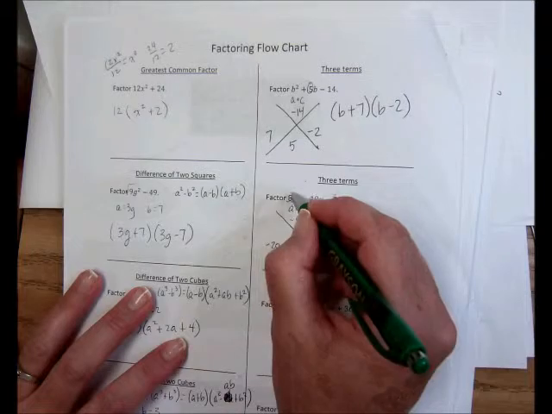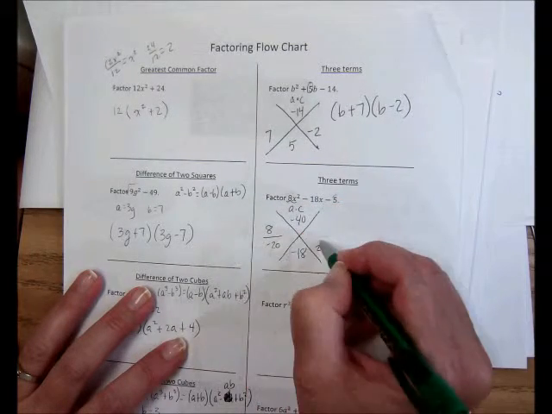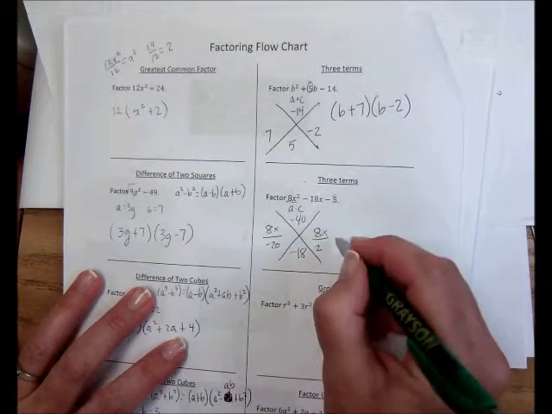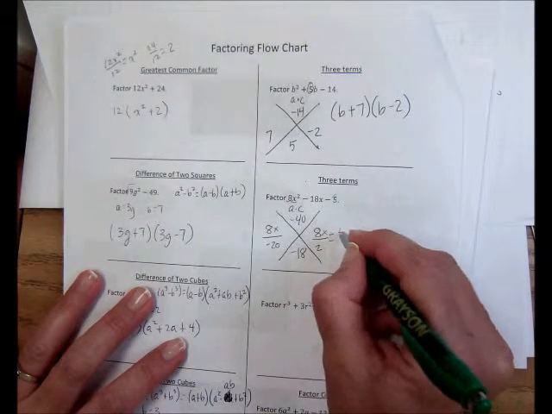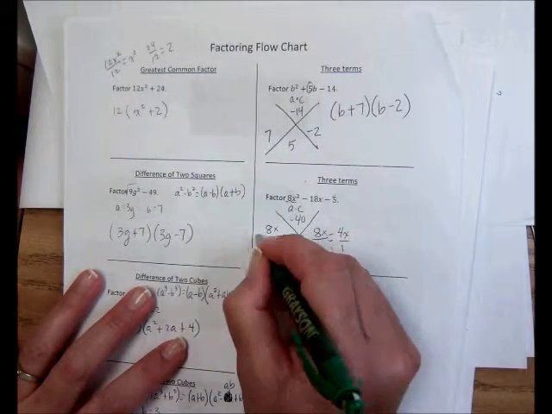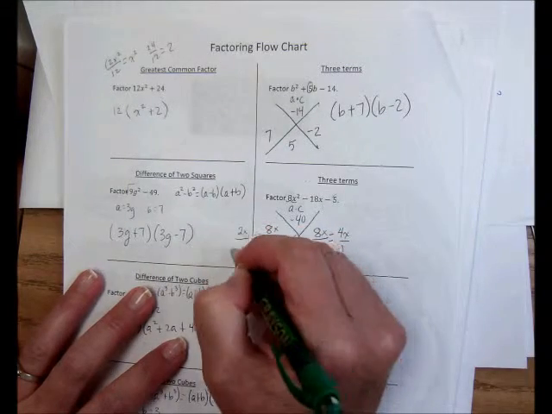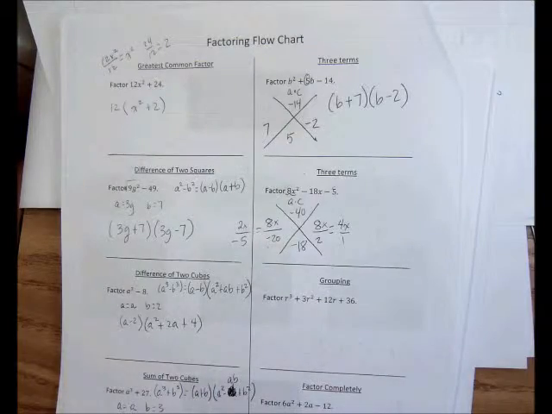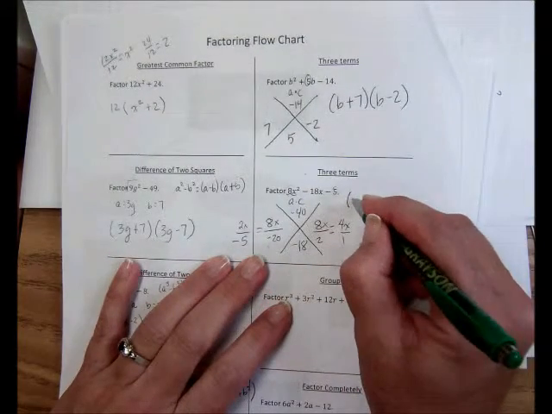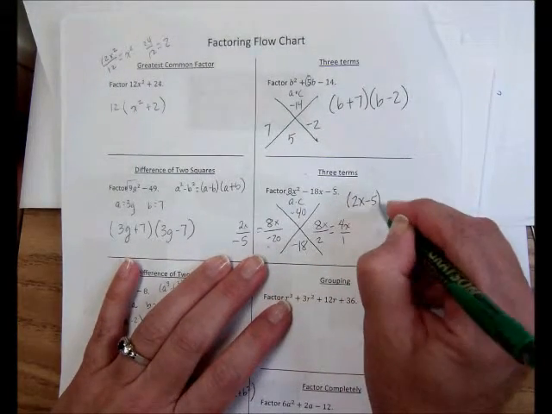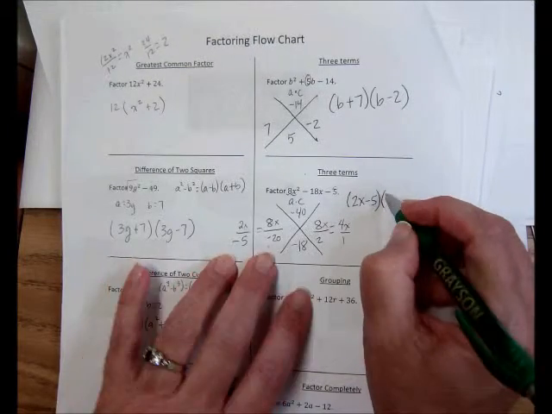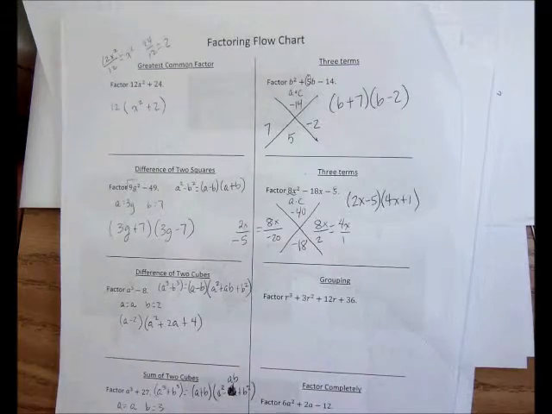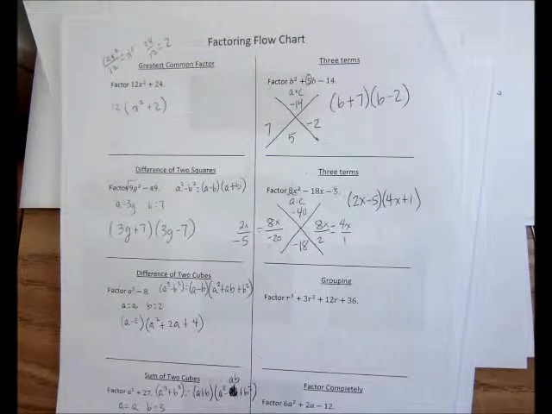In this case, my leading coefficient is an 8, and so I'm just going to add that x there because that helps me, like we talked about in class. Then I simplify these: 4x over 1 and 2x over negative 5. I've divided by 4 for each of these. So I'm left with the two binomials, 2x minus 5 quantity times 4x plus 1, and I'm done. I've factored my two binomials.